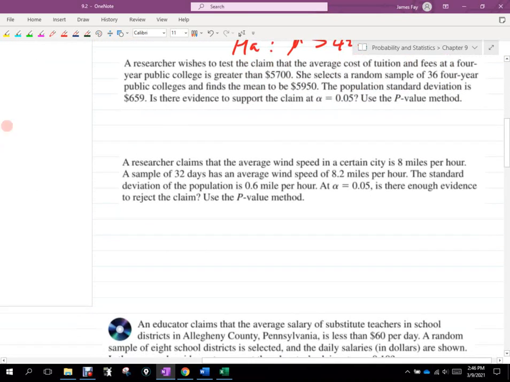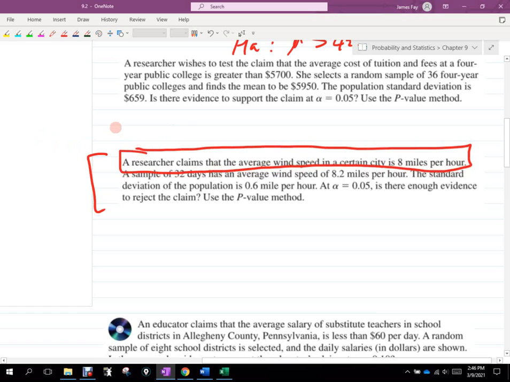Let's do this one here. So the researcher claims that the average wind speed in a certain city is 8 miles per hour. Okay, so what does "is" refer to? Equality. It means equal. So the claim right now is attached to equality, right?